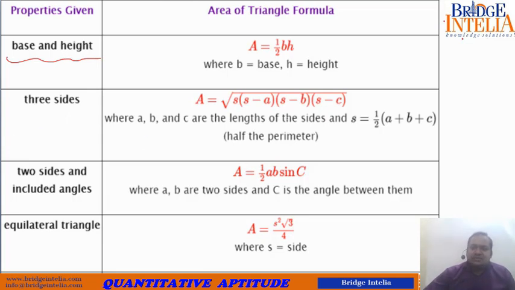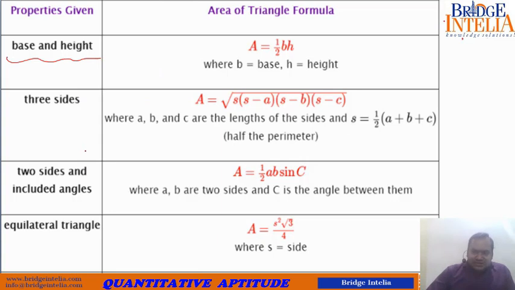This is known as Heron's formula. Area is equal to under root of s into s minus a into s minus b into s minus c, where s is the semi perimeter. Semi perimeter means half of the perimeter of the triangle. So this was situation 2.